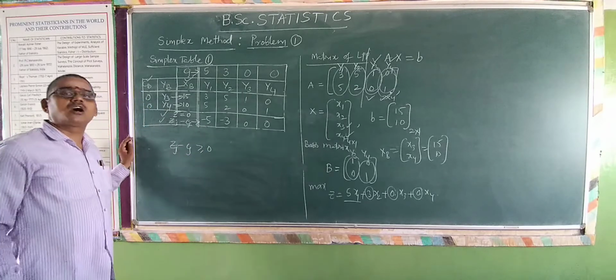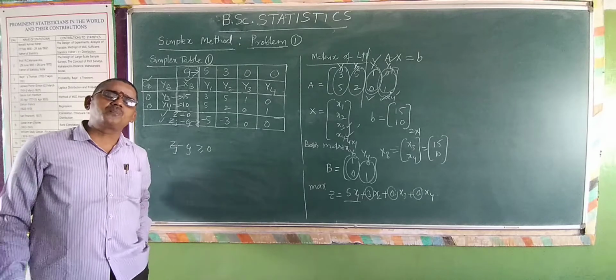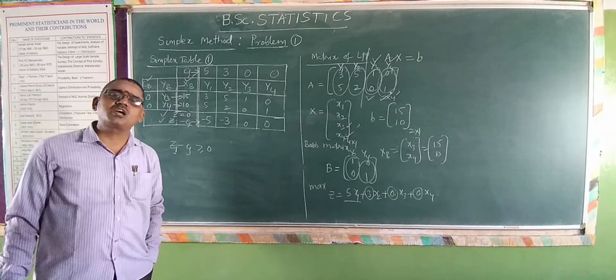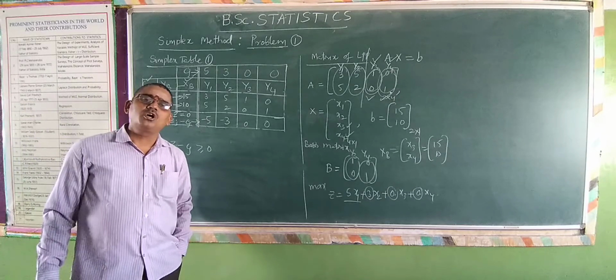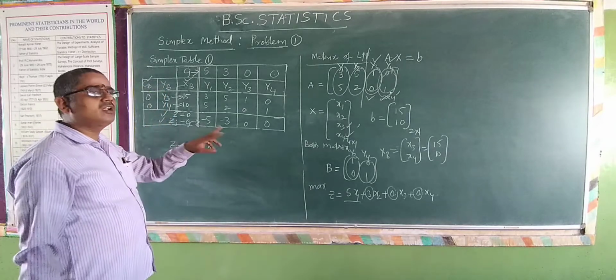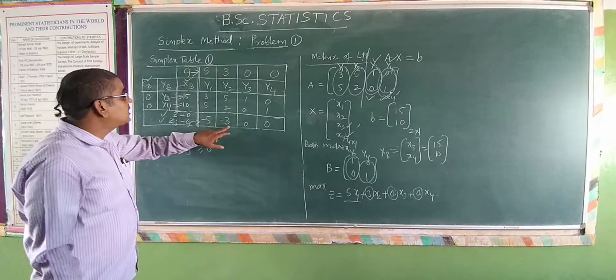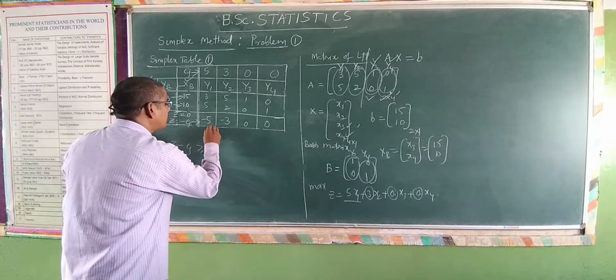Case 2: if any Zj minus Cj is negative, then you have to go to the next step. If more than one Zj minus Cj is negative, consider the most negative of them. How many negatives are there? Two, so consider the most negative, which is minus 5. Put an arrow mark here.